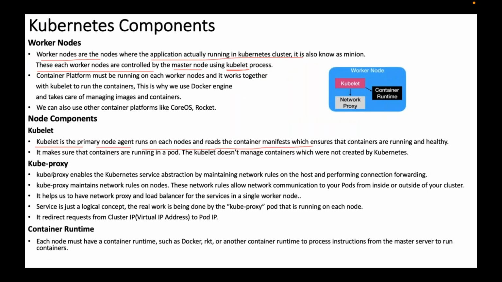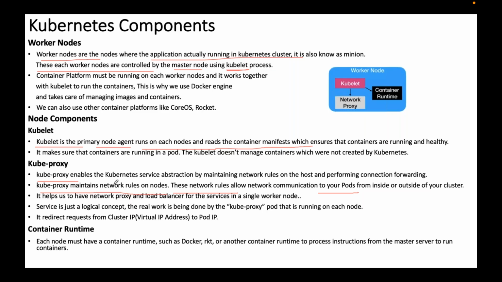It will maintain the network rules. These network rules allow network communication to your pods, I mean to say your applications. If I want to access an application running in Kubernetes, within the cluster or from outside the cluster, that will happen via kubeproxy.